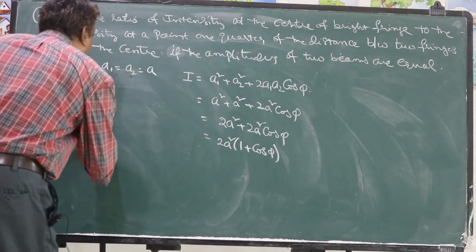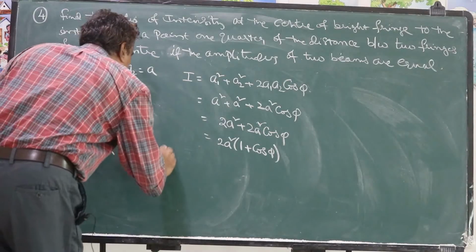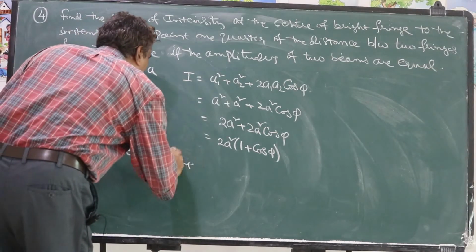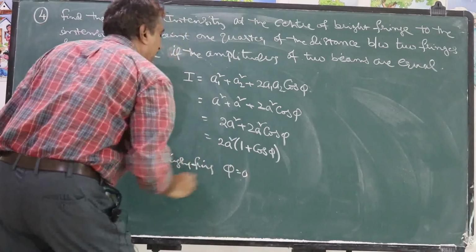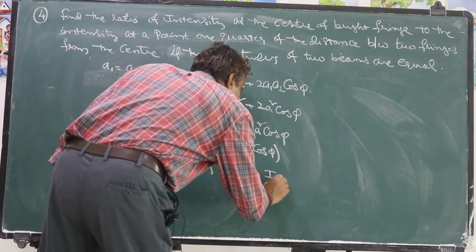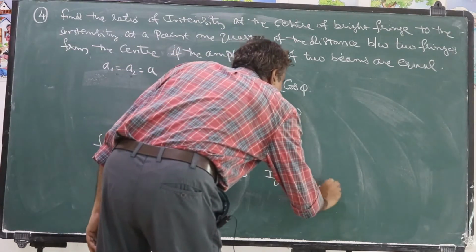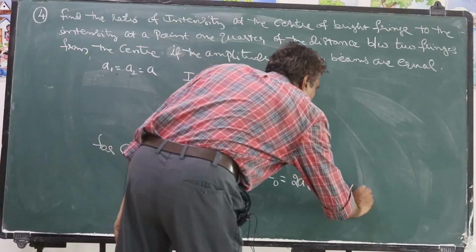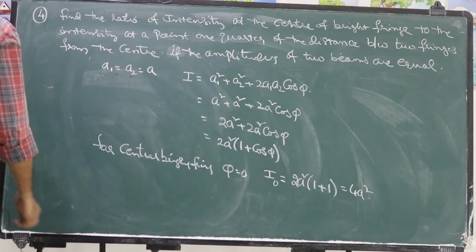So for central bright fringe, phi equal to 0 implies I0 is equal to 2A square into 1 plus 1, that is 4A square. So this is the intensity of the central bright fringe.